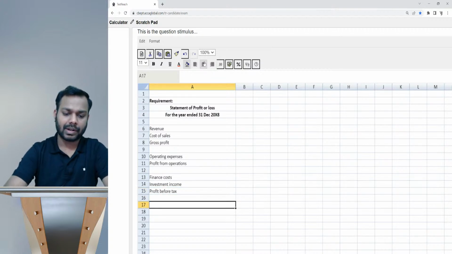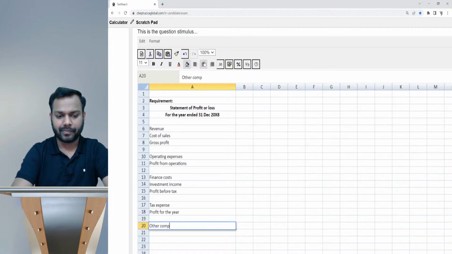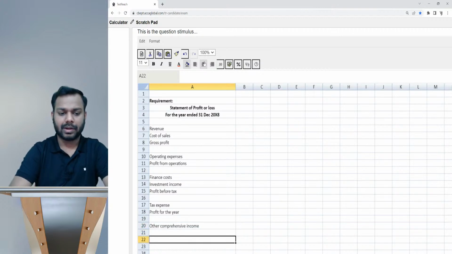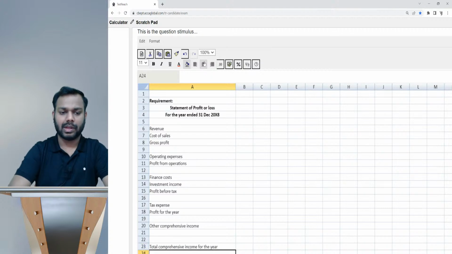Then after that comes tax expense, then comes profit for the year, then comes other comprehensive income, and then comes total comprehensive income for the year, right?